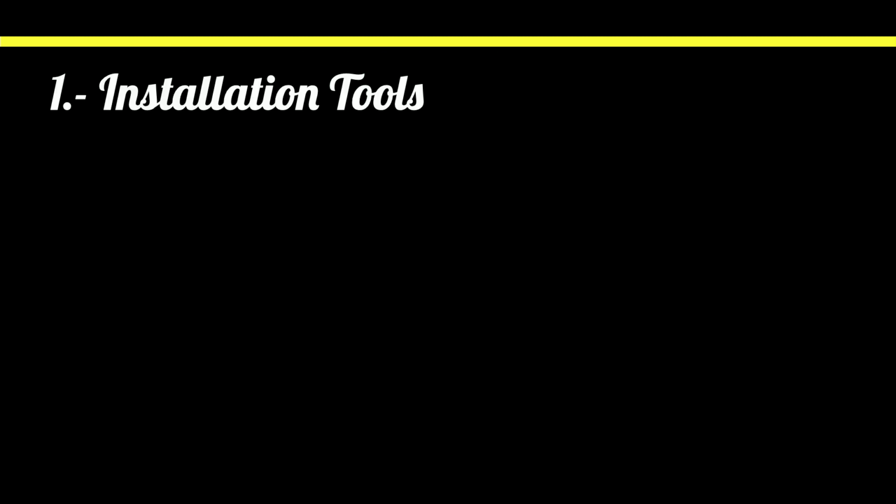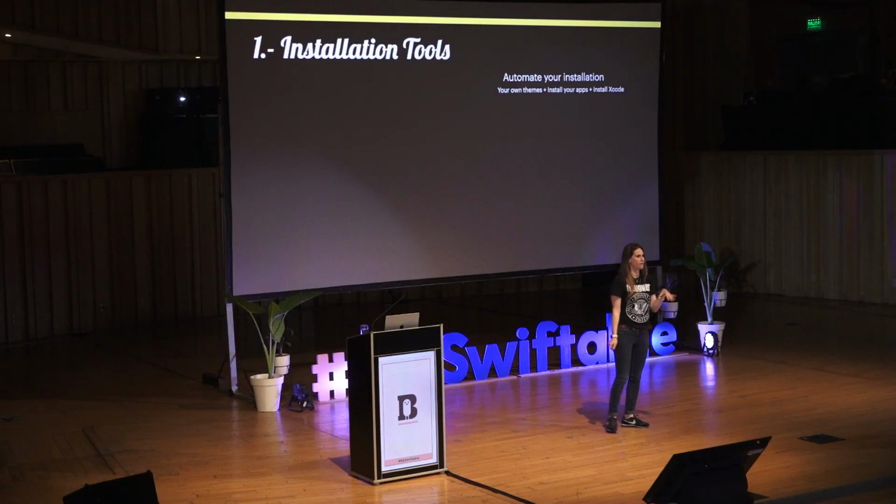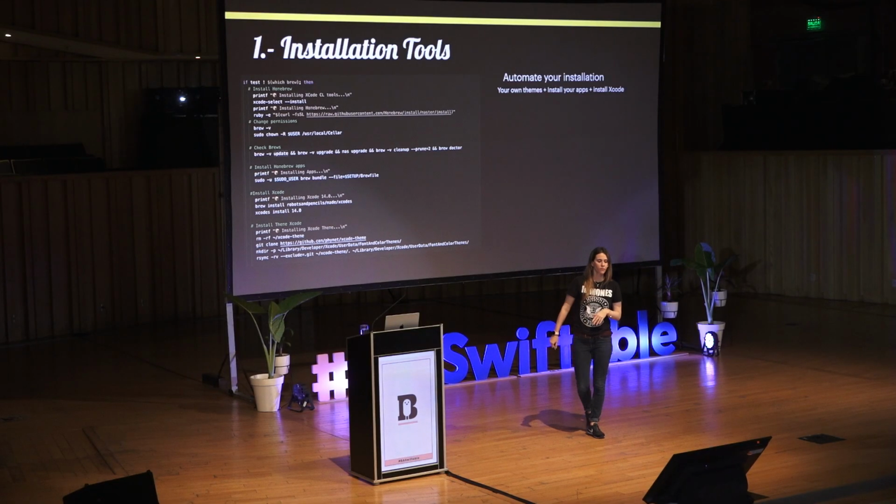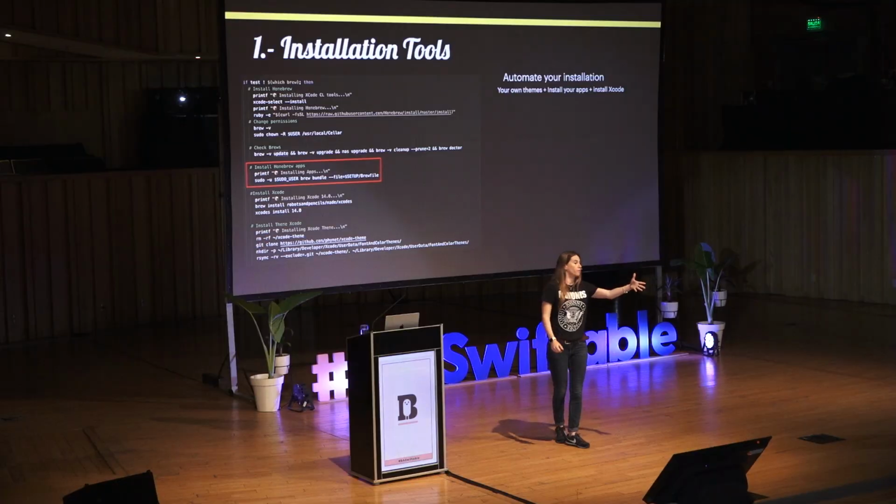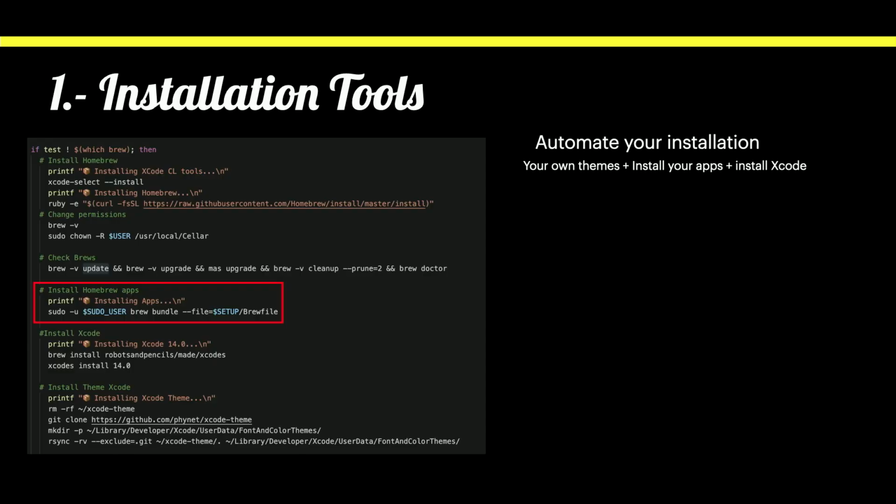So imagine that you have all these three things. The next step, in my case, is thinking, okay, I could create a script to automate all the steps. So I just push a button and I download everything. I don't need to search for anything in the App Store or search for this or for that. I already have it in a single file. So you can create a file in Bash.